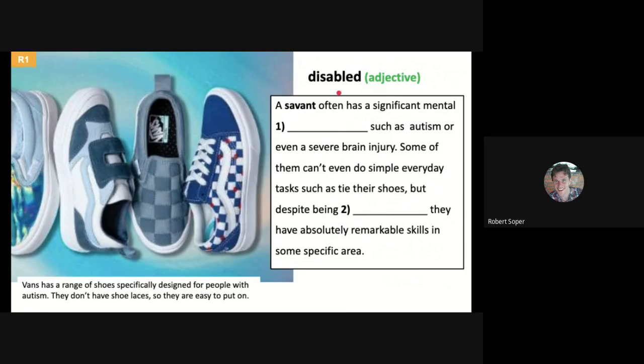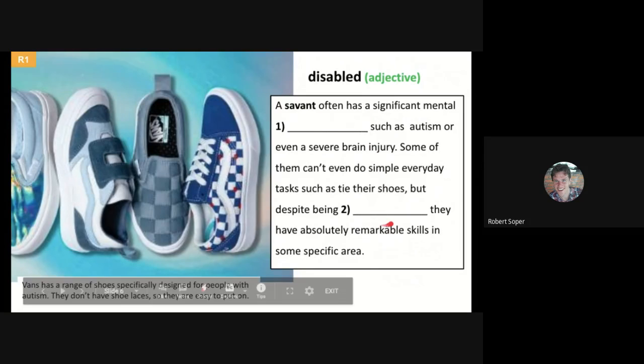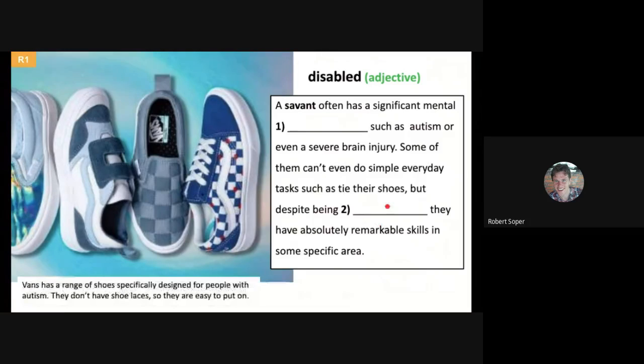A good thing to do here is look at your gaps, try and decide what type of word would go in here, whether it would be a noun, a verb, or an adjective. Once you do that, think of the noun form of disabled or the adjective form of disabled.